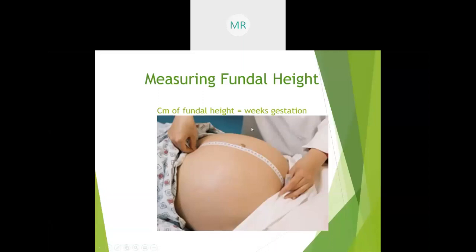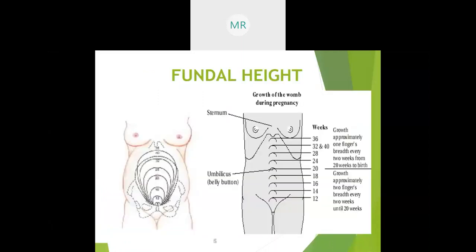At the umbilicus, it's about 20 weeks. Here's another picture of fundal height, so you see that as fundal height grows, 12 weeks, 20 weeks, it keeps growing.